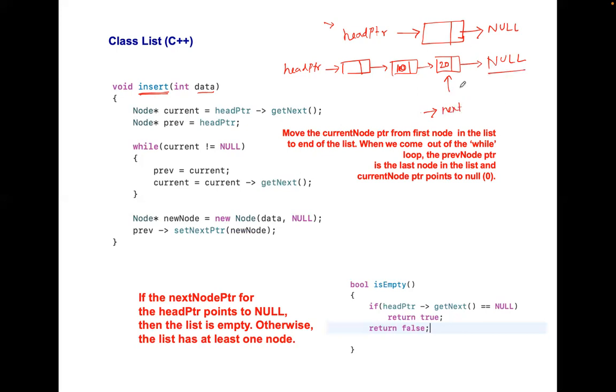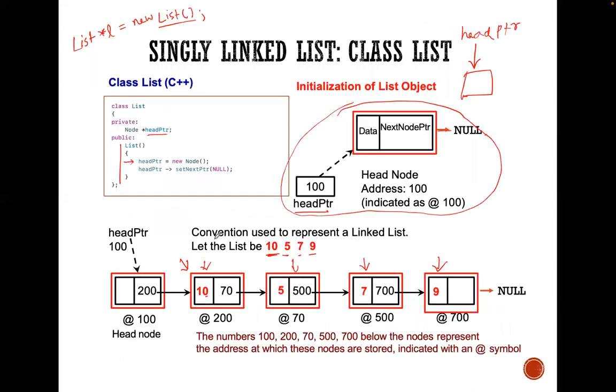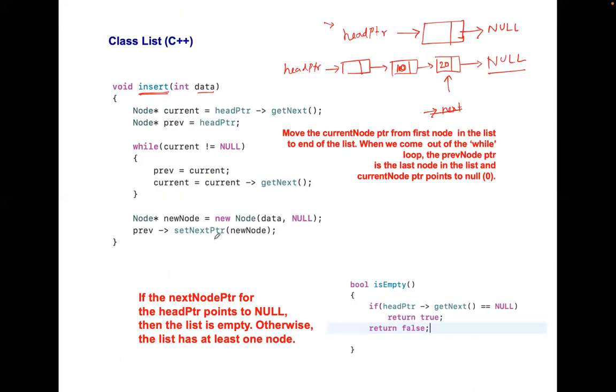We can access the next pointer using the get next function. If the get next function returns a null value, that means this is our last node.